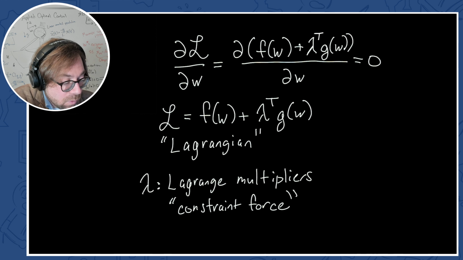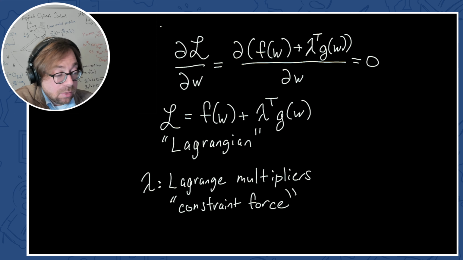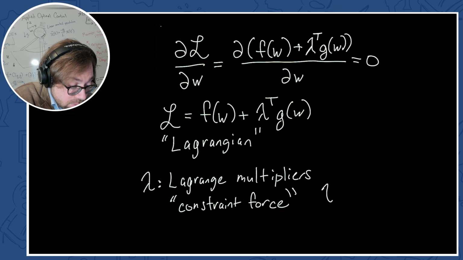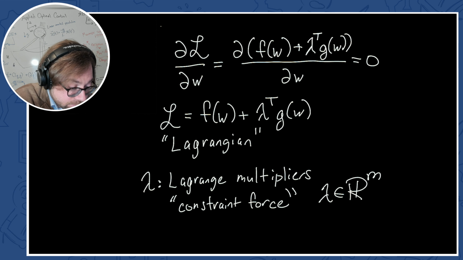So what numbers can our constraint force be? Well, they can be all kinds of numbers. They are scalar values. They are real numbers. We'll say m, whereas w are real numbers.